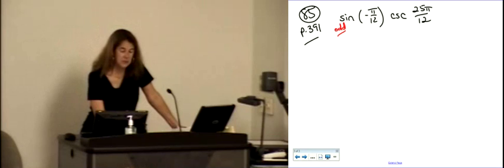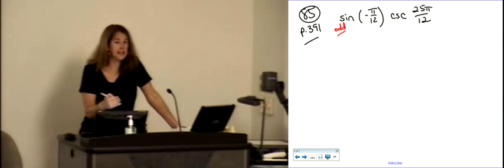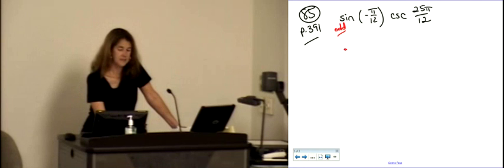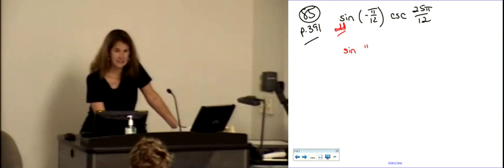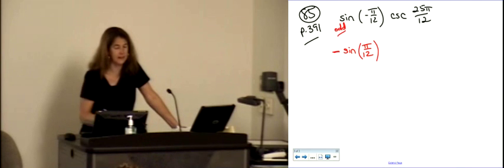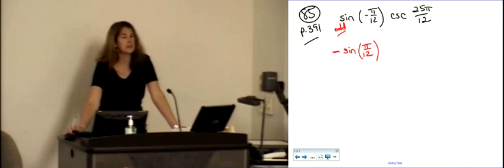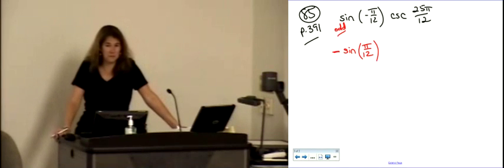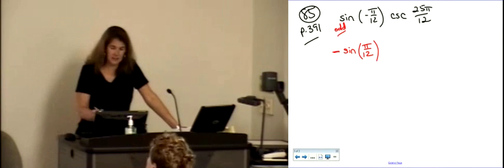The rest are odd. So when we have an odd function, instead of writing it with the negative angle, we take the negative sign. So it's going to be the negative sine of pi 12ths. It's almost like we're pulling the negative out front. That's not really what we're doing, but that's what it appears to look like there.